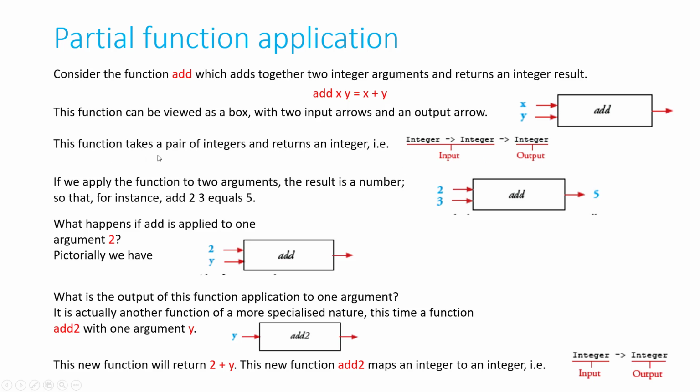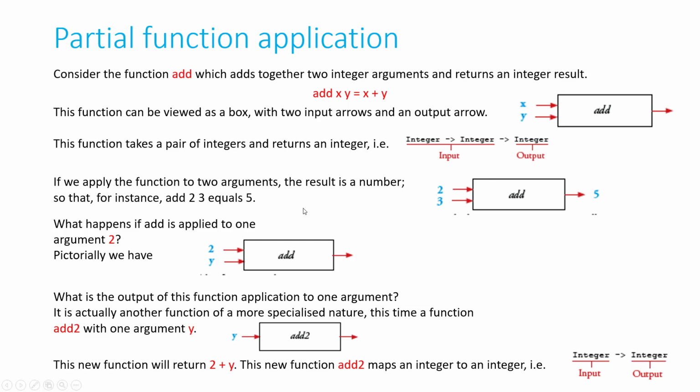This function takes a pair of integers x and y and returns an integer. So in function application notation we would write this as integer forward arrow, integer forward arrow, integer. So this represents the input and this represents the output.